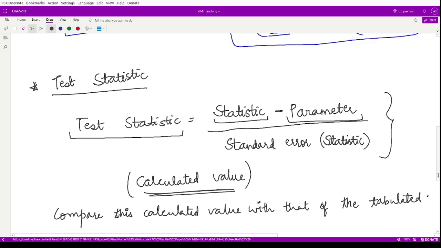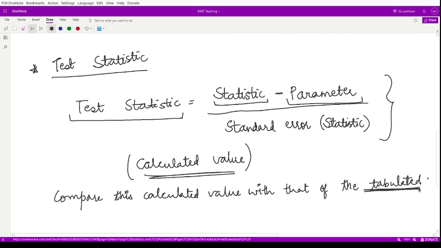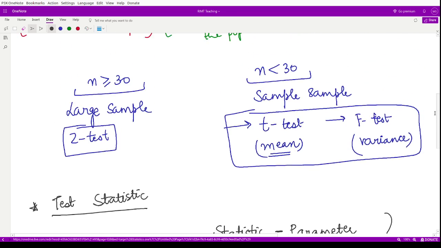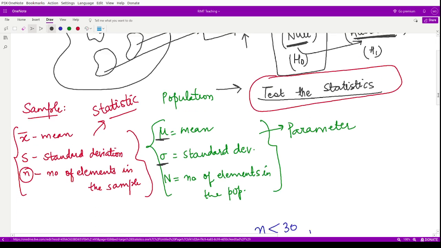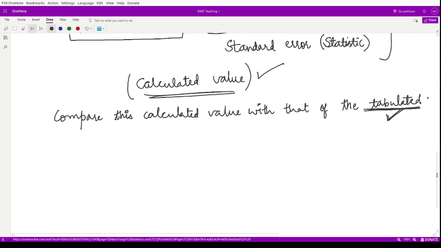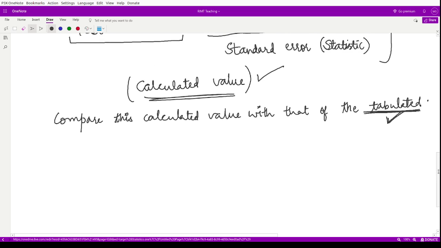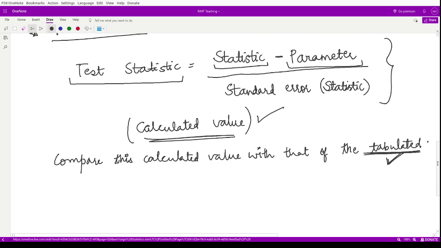For every test we have a table listed in the literature, so you may compare your calculated value with the tabulated value and make the decision whether to accept or reject the null hypothesis. That is the funda here. We'll get back to this when we solve the problem, so you'll understand it more clearly there. For the time being, let's move on to our next term, which is level of significance.